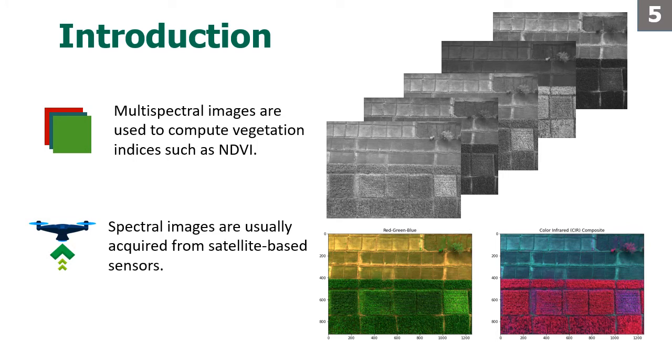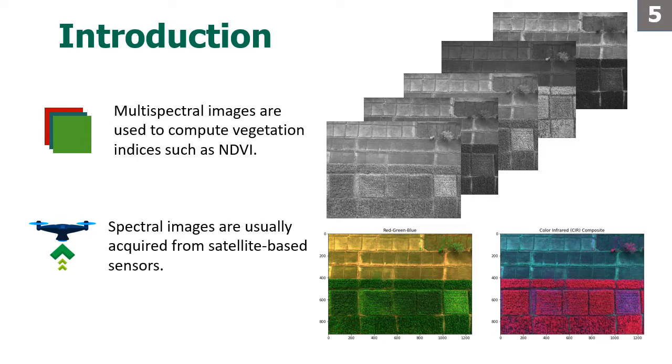Precision agriculture using remote sensing and multispectral imaging techniques have emerged throughout the years as an alternative system to improve crop productivity and farm profitability. Multispectral images contain data about spectral responses of objects, which can be used to compute for vegetation indices such as NDVI.